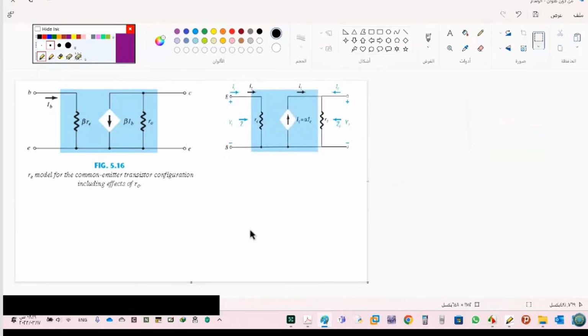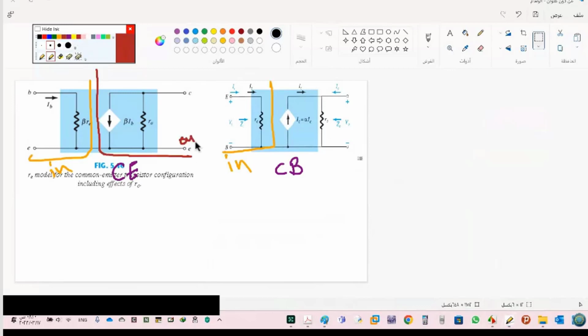Okay. See this? This is common base, common emitter. In common emitter, this is input, and this is input. This is output, and this is output. So from input, see IB like IE.